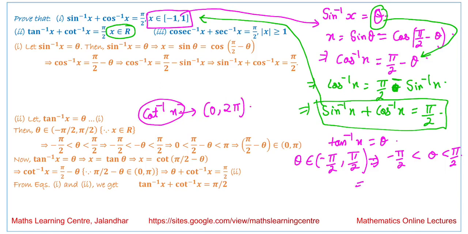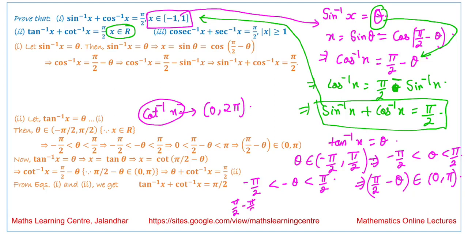So we are saying this implies that pi by 2 minus theta belongs to the interval 0 to pi. So what we are saying over here is that minus pi by 2 is less than minus theta is less than pi by 2. So pi by 2 minus pi by 2 is less than pi by 2 minus theta is less than pi by 2 plus pi by 2. So this implies that 0 is less than pi by 2 minus theta is less than pi.